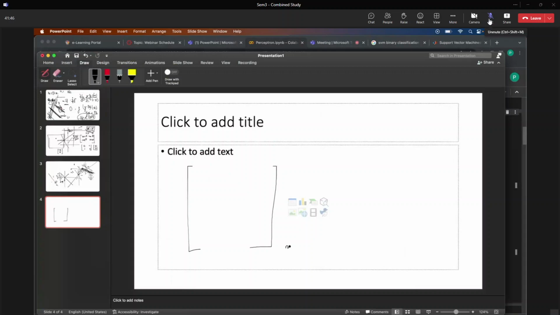This is m cross n. How do we make this matrix? By multiplying vector 1 cross n with the vector m cross 1.